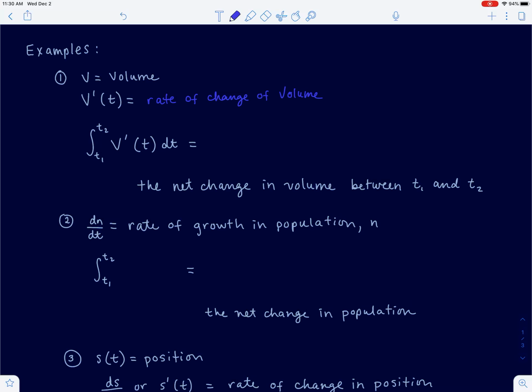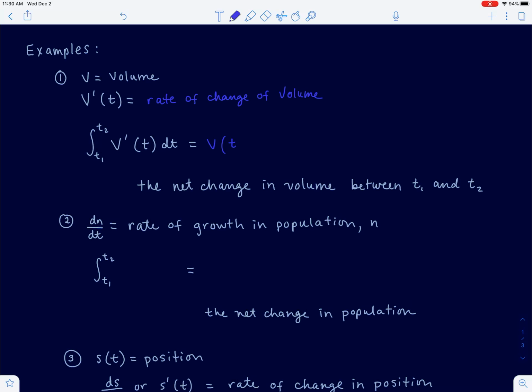And if we apply the net change theorem to the integral from t1 to t2 of v prime of t dt, then we're going to take the volume formula that we get by integrating the change in volume expression.